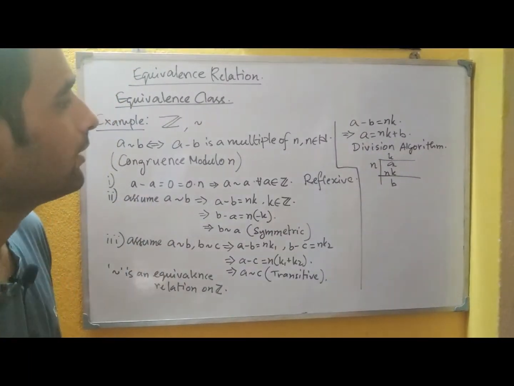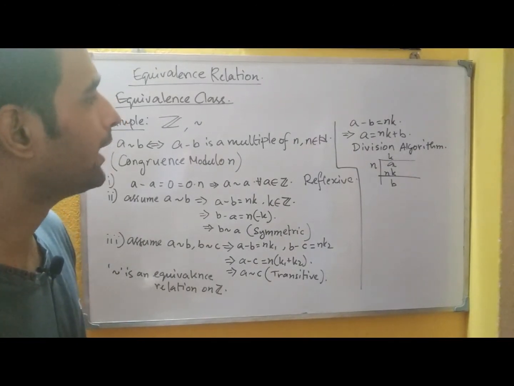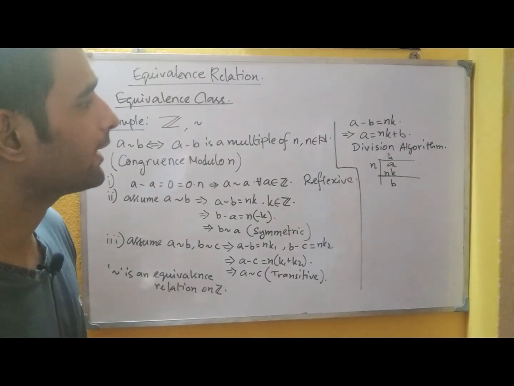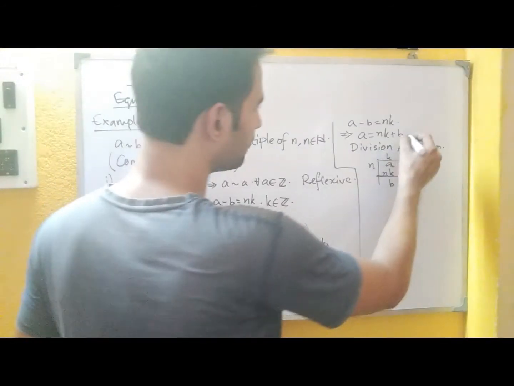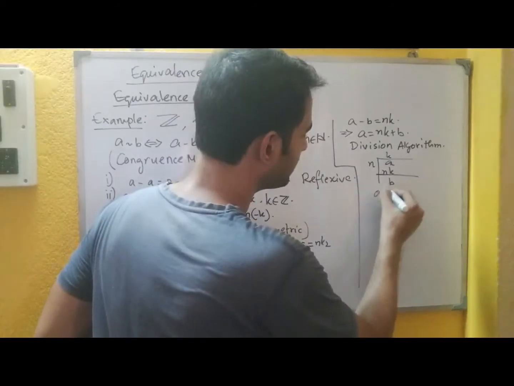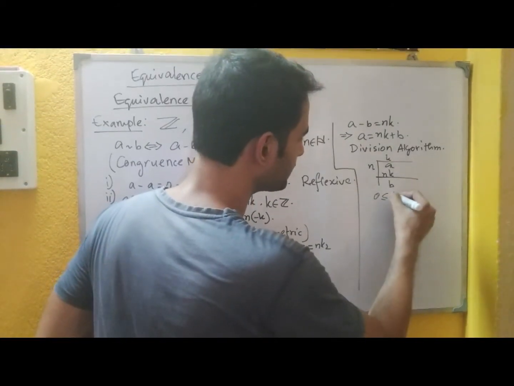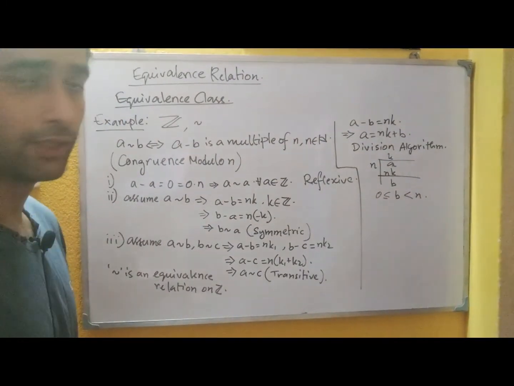So you can say that here the meaning is this: if you are dividing a with n, then you will get the remainder b. So by division algorithm, what do we know about the remainder? There is a restriction for this, and the restriction is 0 less or equals to b less than n.